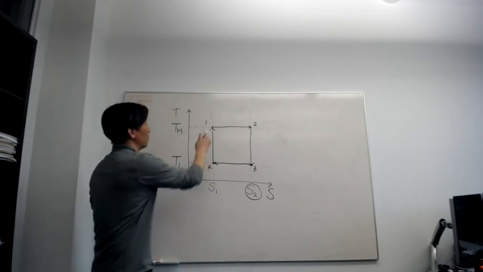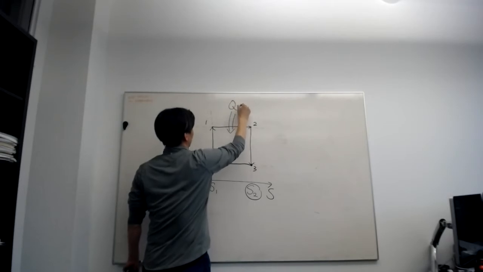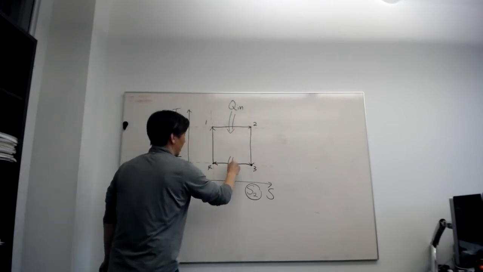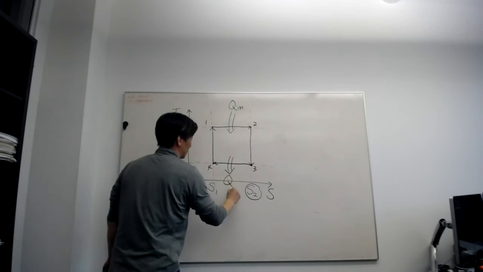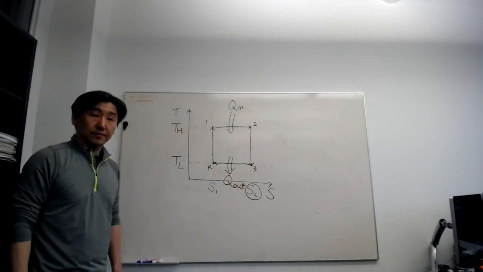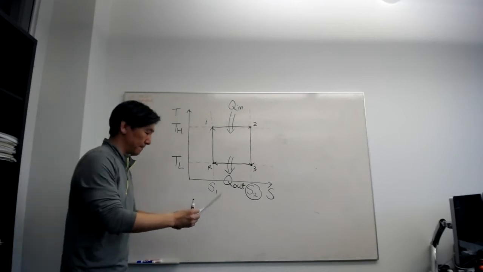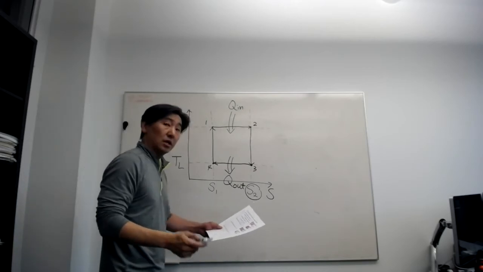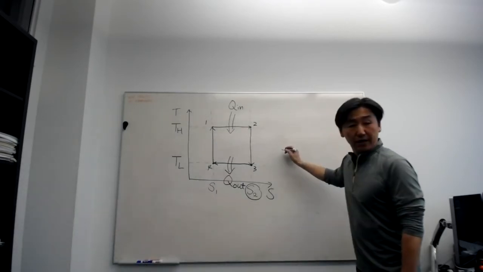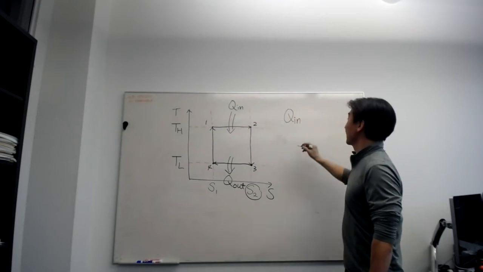Now, from 1 to 2, we have heat input, so let's say Q in. And from 3 to 4, we have rejection of heat. Now, how can we calculate QH or Q in and Q out?